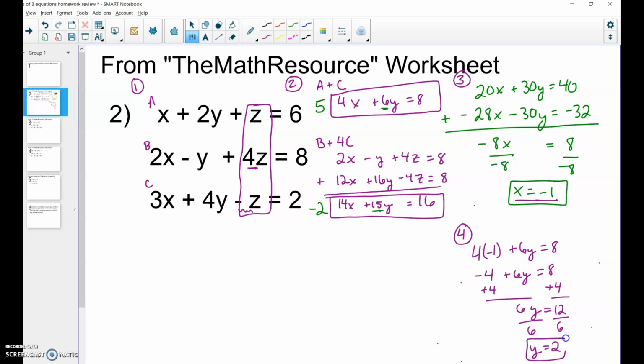Alright, there's my second value then. So now that I have two variables, I'm going to plug both of those variables back into one of my equations in step number 1. Again, I'm going to just choose the first one. So negative 1 plus 2 times 2 plus z equals 6.